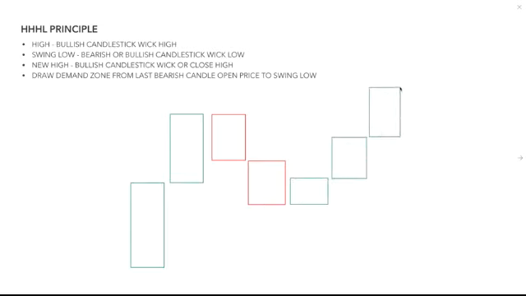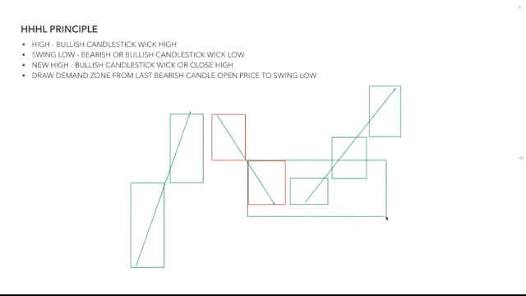And as long as we create a new high, we have to draw the demand zone from the last bearish candle before prices make a new high, because again this becomes a high, a low, and then a new high. Higher highs, higher lows, and then the demand zone is drawn from the last bearish candle before prices make a new high, wherever this wick is.